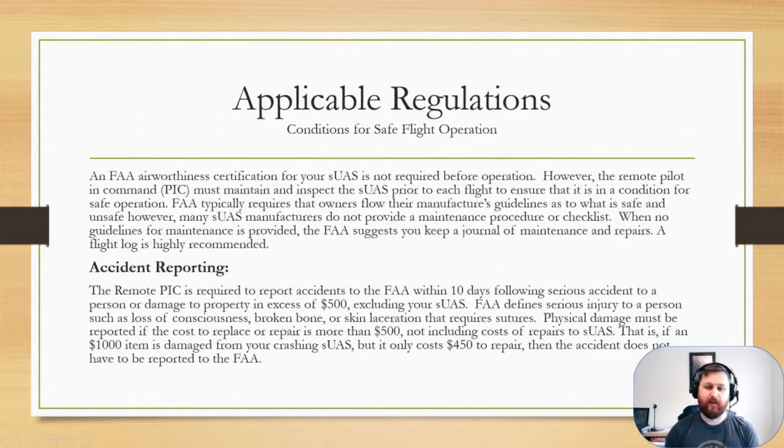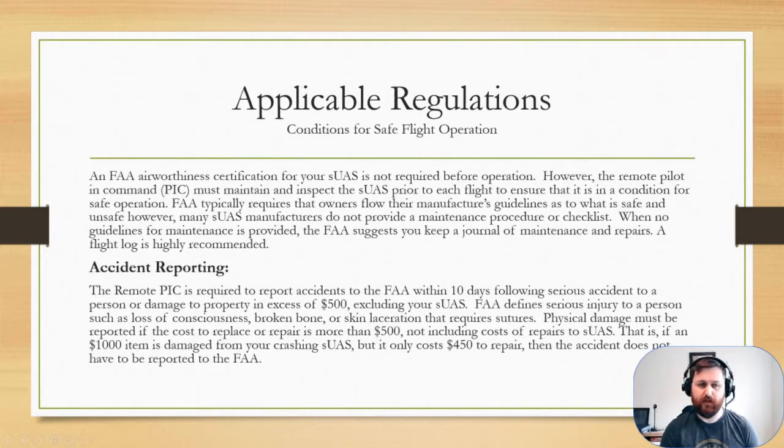So if I'm flying my sUAS and it crashes, and my sUAS is worth more than $500, I don't have to report it to the FAA. It's only if I crash it into someone else's property, or into another person. Now the FAA defines a serious injury to a person as someone losing consciousness, breaking a bone, or a skin laceration that requires some form of stitches.